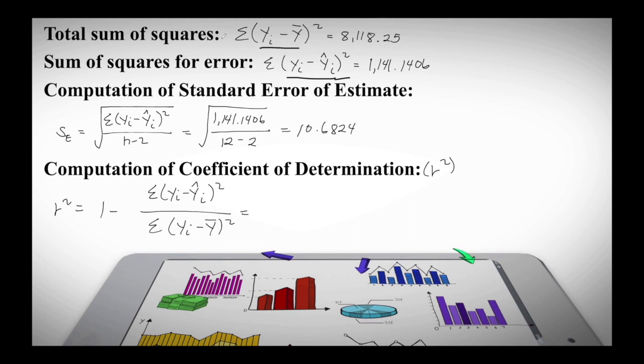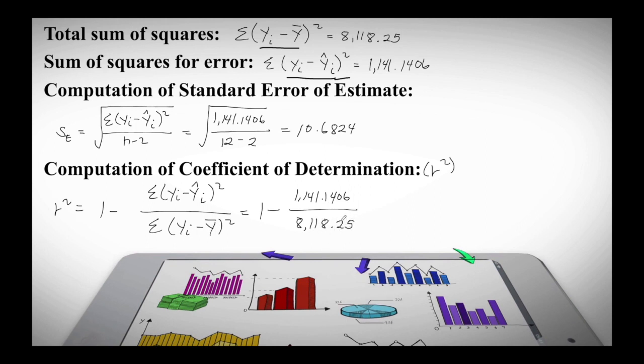So, there is no difficulty here, direct substitution ang mangyayari. We have 1 minus 1,141.1406 over 8,118.25.